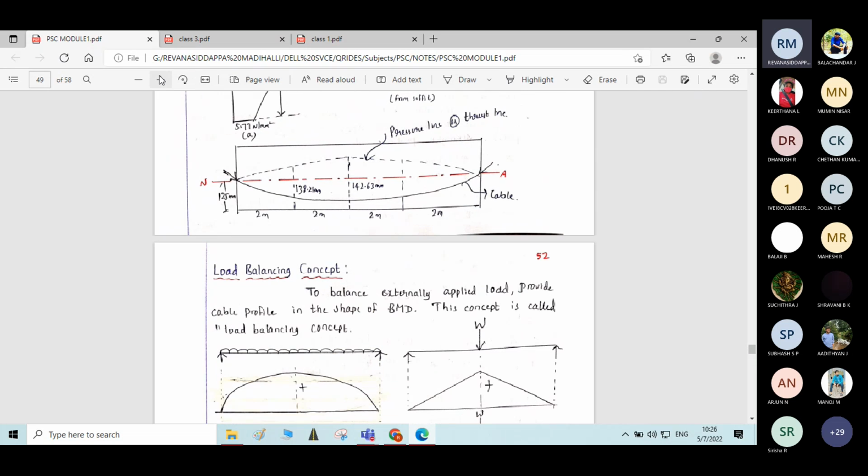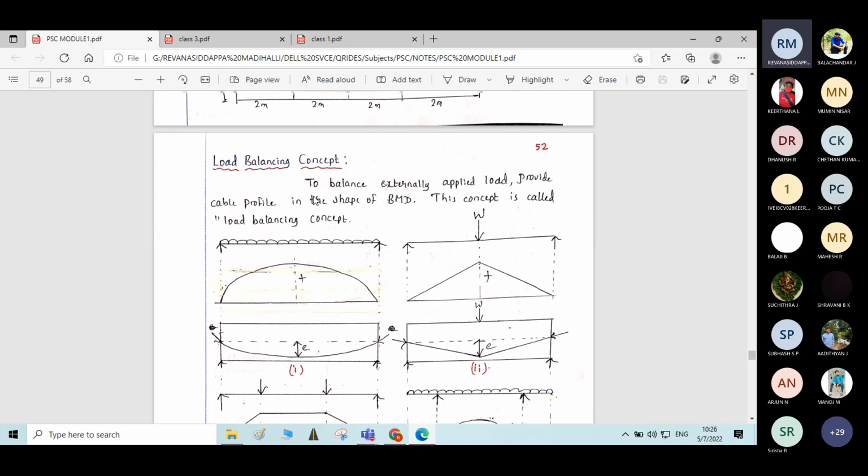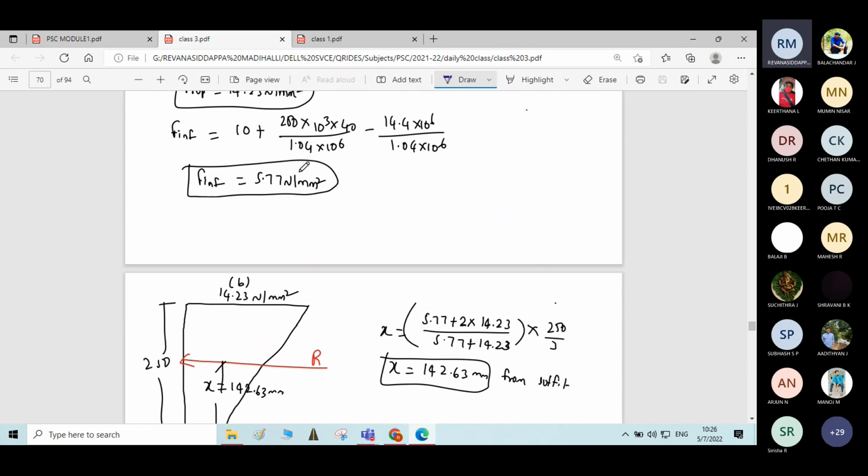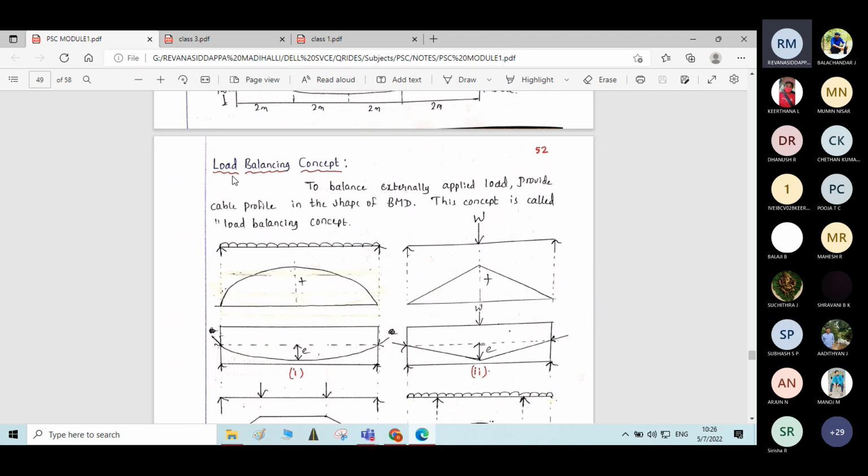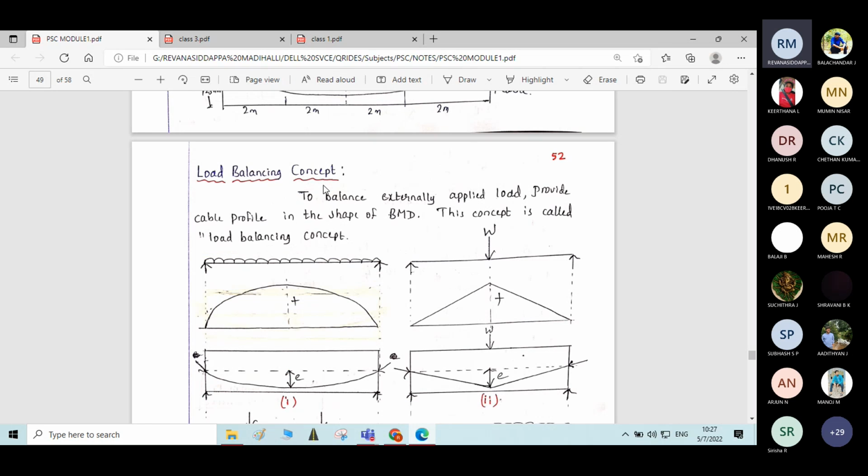Please write the headline as load balancing concept. Load balancing concept. It's a very simple concept.